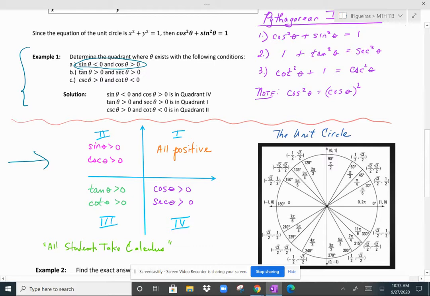Well, in quadrant 4, your cosine is positive, but your sine is negative here. So remember, cosine are your x values, sine are your y values. So where is your x positive and your y negative?